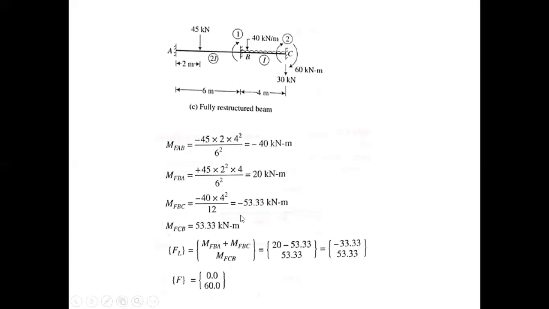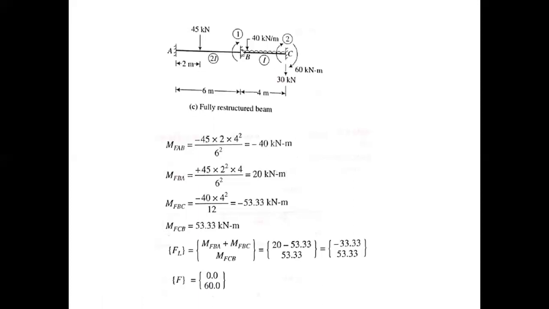MFCB was 53.33, so that comes to be 53.33. So the FL matrix completes over here. Now in this case, the F matrix has a certain value, because we know that for the F matrix, if any load or moment is applied in coordinate direction 1 or 2, we will take simply the value for the same.